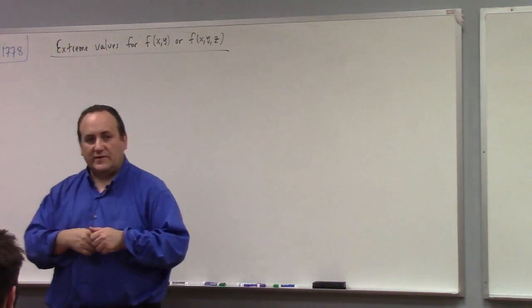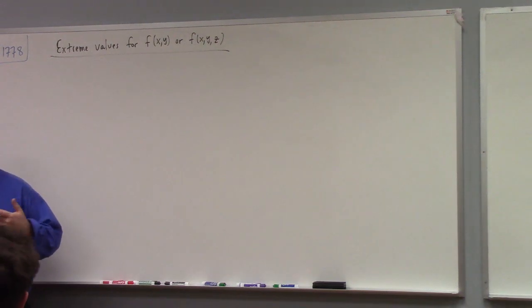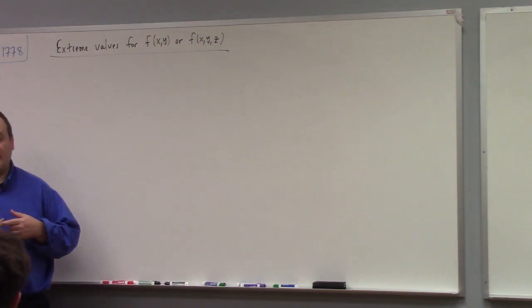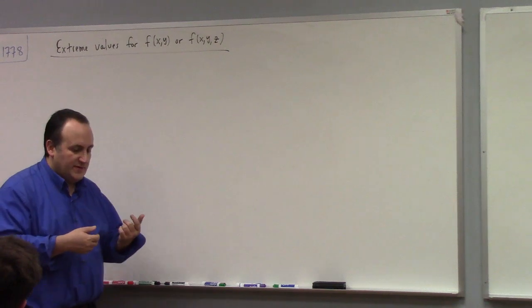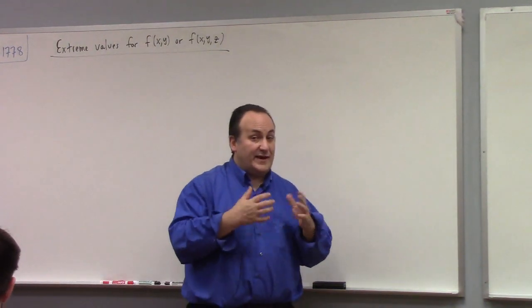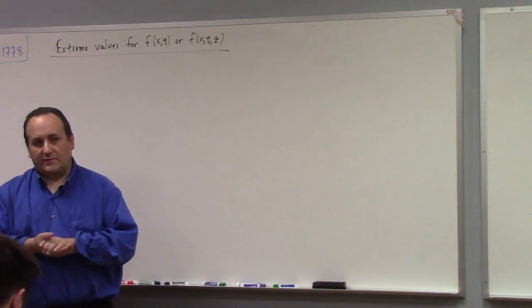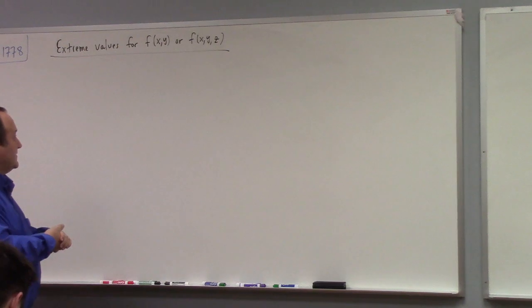So those are called critical points, and that phenomenon persists till now. A place where you have a local max or min for a function of 2 or 3 variables is also going to have to be a place where now, instead of the derivative, we talk about the gradient being 0 or undefined. So that same notion of critical points persists, but that's for not today.